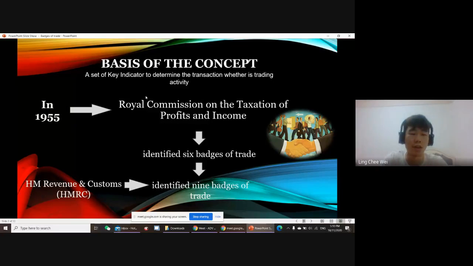And now the HM Revenue and Customs have added another 3 badges of trade, so now we have the 9 badges of trade. Okay, so now I pass to the next presenter to present about the 9 badges of trade.